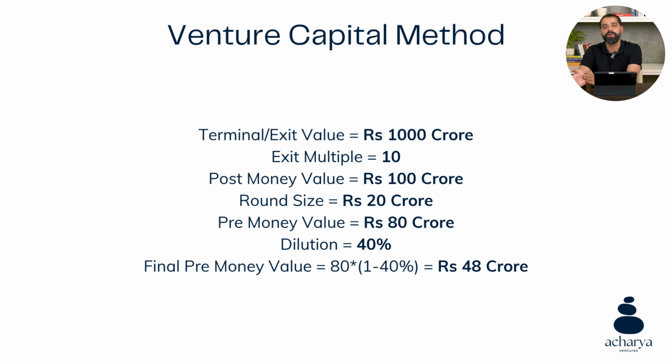This is from a VC's perspective, but you should be aware of it so that you are not naive enough that with a 5 crore valuation, you're going and pitching to them while they are looking to invest at a 50 crore valuation. And if you can't justify that 50 crore valuation today, then you're probably wasting a lot of your time in trying to pitch to them. Because no matter what you do, you are not reaching the benchmark that they have in order for them to be able to make money.